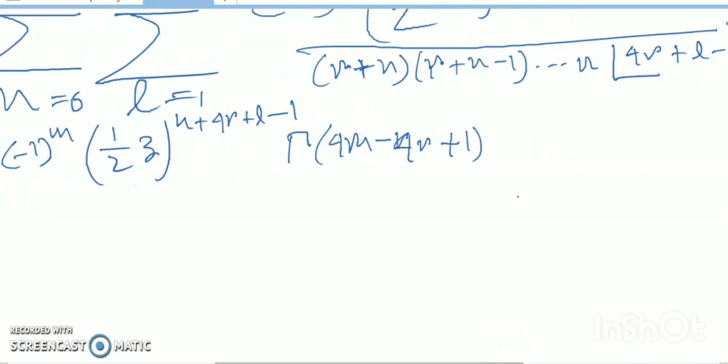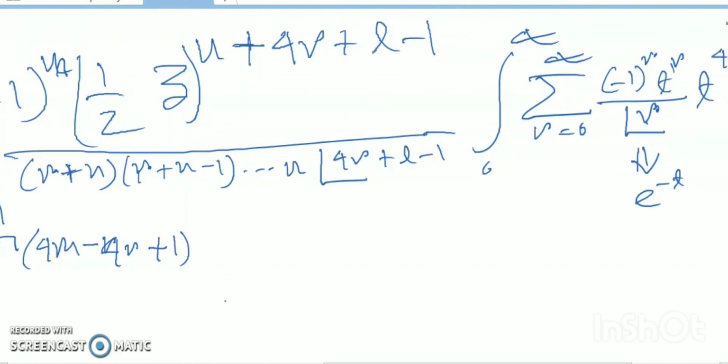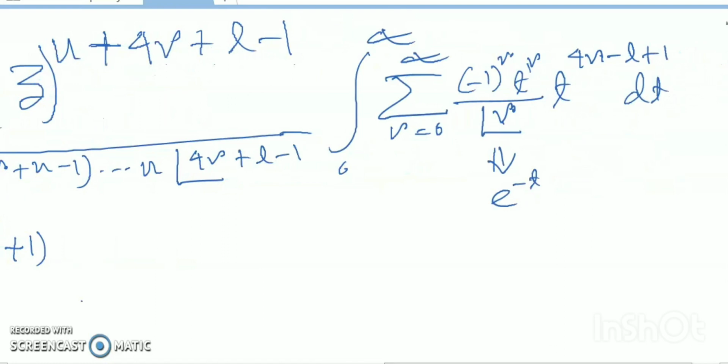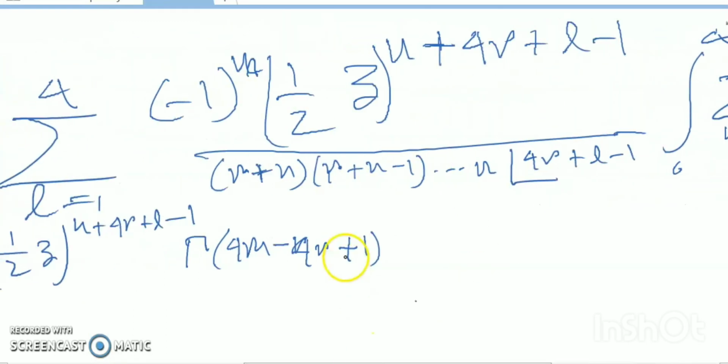You see the formula, 4n minus l, n can be written as m minus r, plus 1.